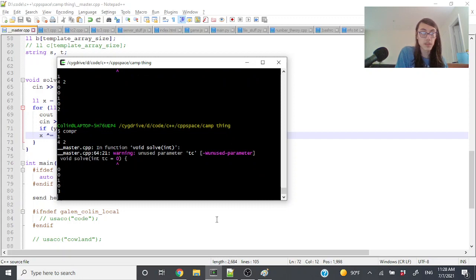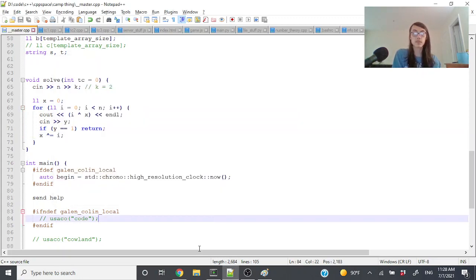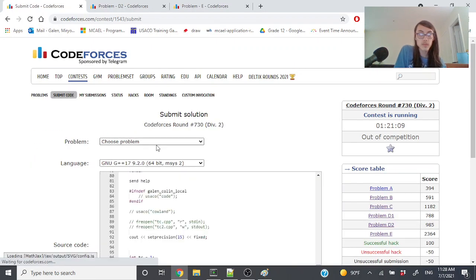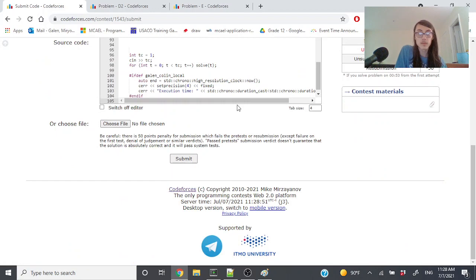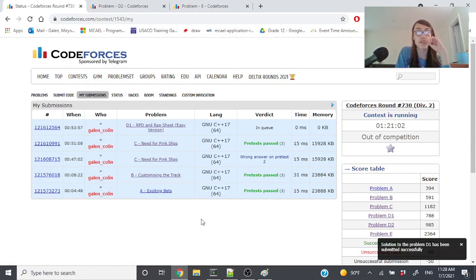So 0, 0, 0. And then, yeah. This part should be fine. And I should have done this earlier. I don't know why I didn't just try moving past C.